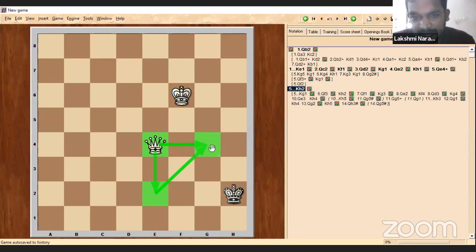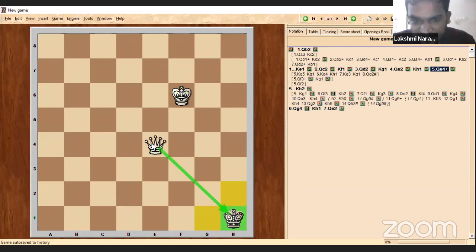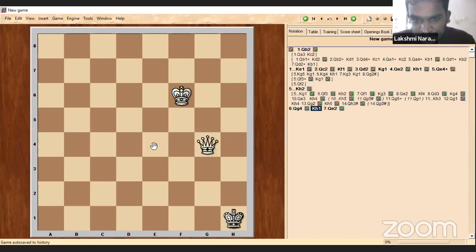Okay, so queen can come to g4, forcing him to go to h1. Now queen will come to e2, so he cannot go anywhere. So you see the triangle here, very powerful. After king h2, this triangle: queen to g4, king h1, queen to e2. So king is forced to come to g1.